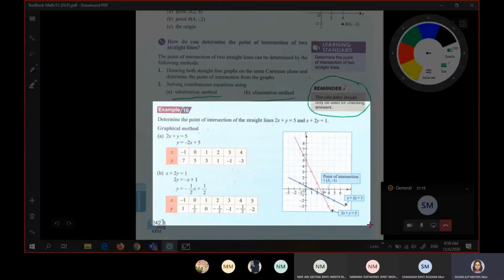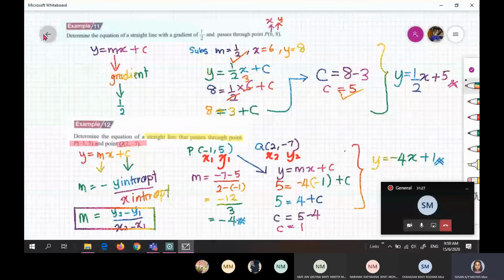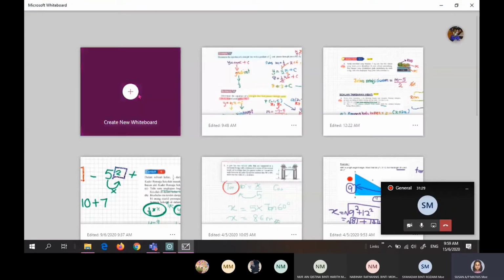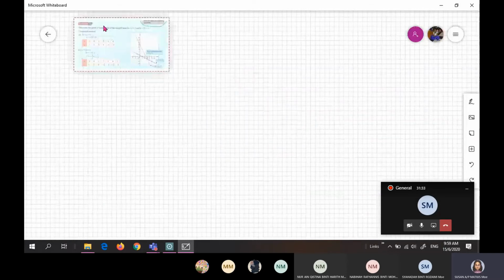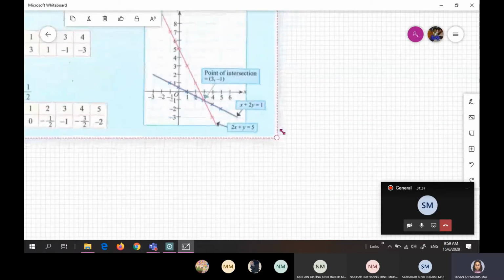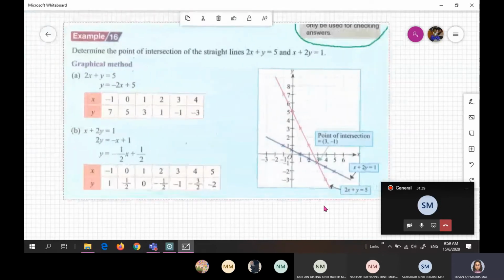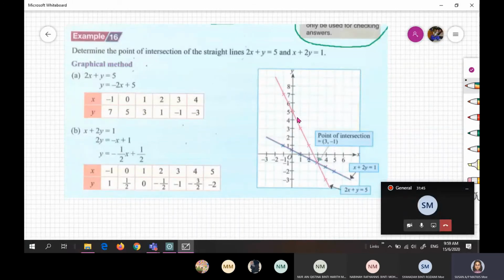Okay, I'll be showing you this example on the whiteboard. So guys, let's see how it goes. When you are finding a point of intersection, what are you looking for?